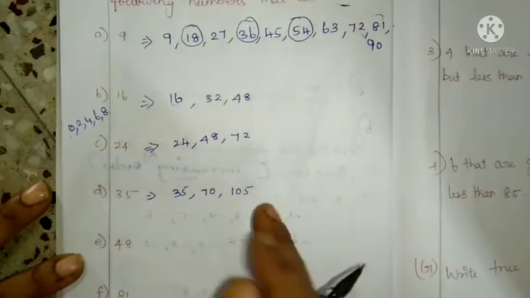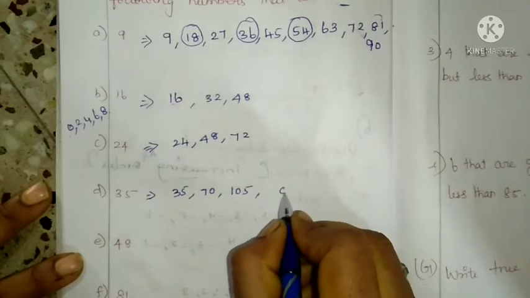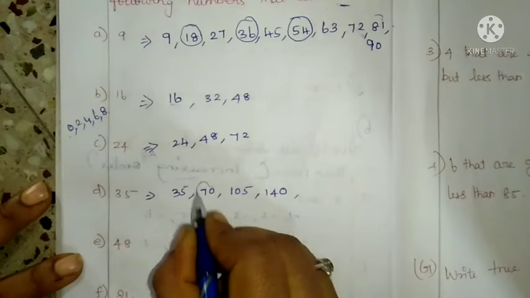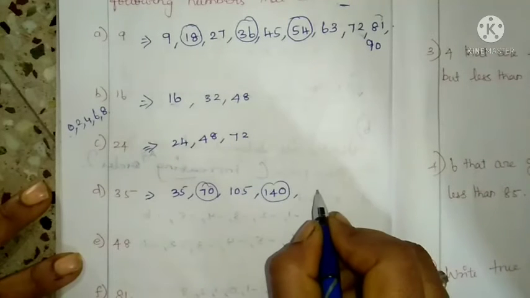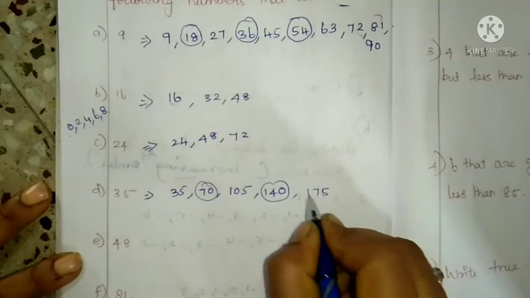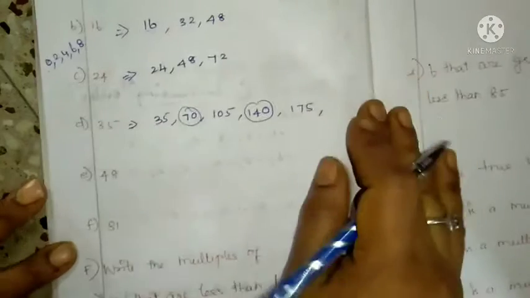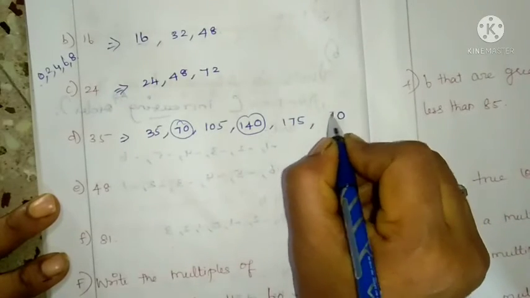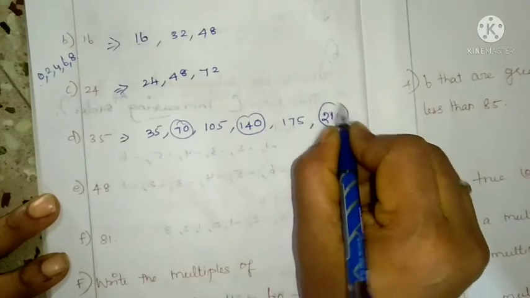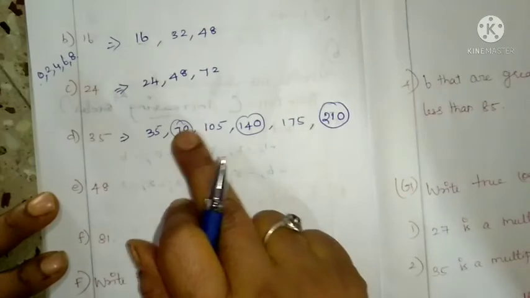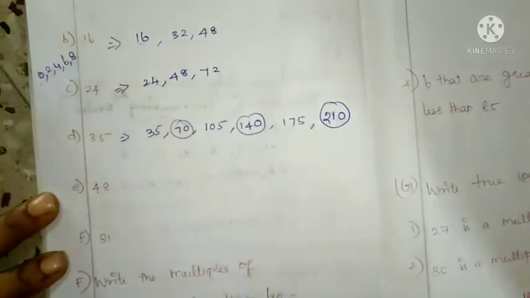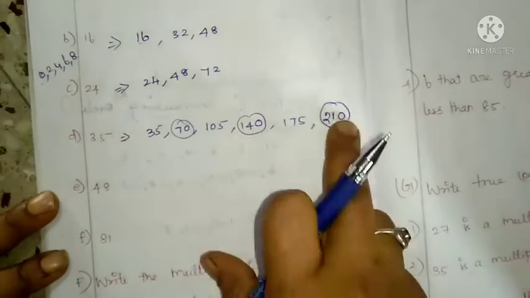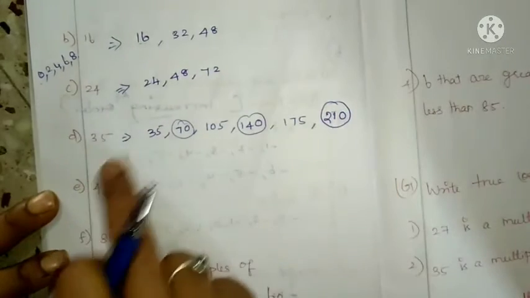One even number we got, still we need more, so next alternate number: 70, 140, 210. So 3 even numbers we get alternatively because it is an odd number.